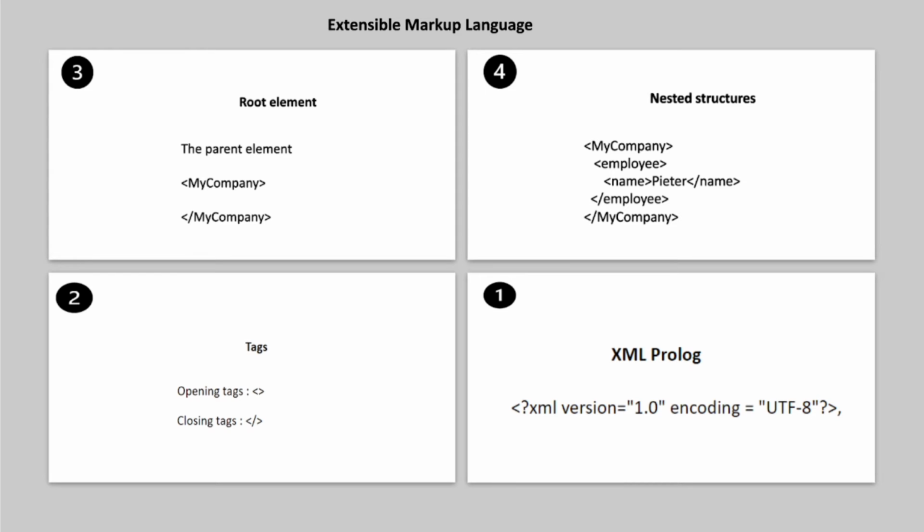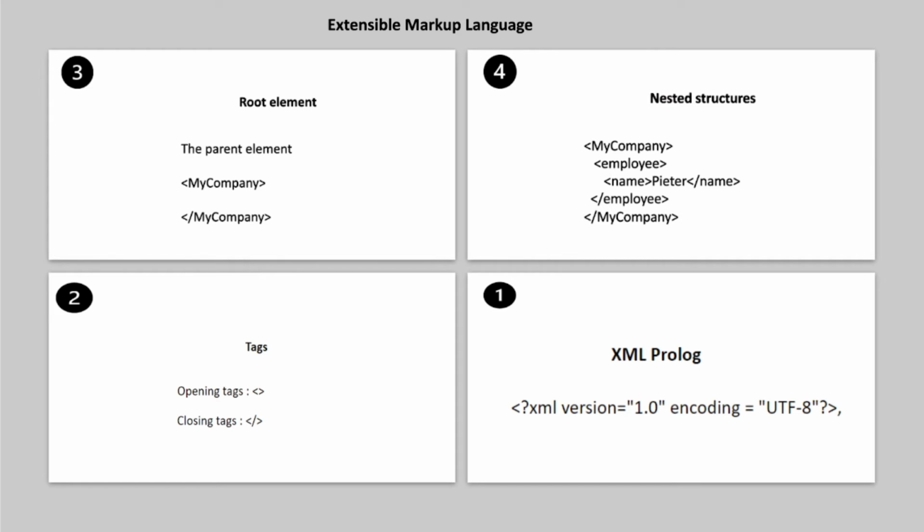But if we focus on employees, we will then have the parent element or the root element as company, and within the company we will have tags for the employees, and within the employees we might enter some details related to the employee, for example the name of the employee, the address of the employee, or the role of the employee within that organization. So this is about some basic concepts of XML.